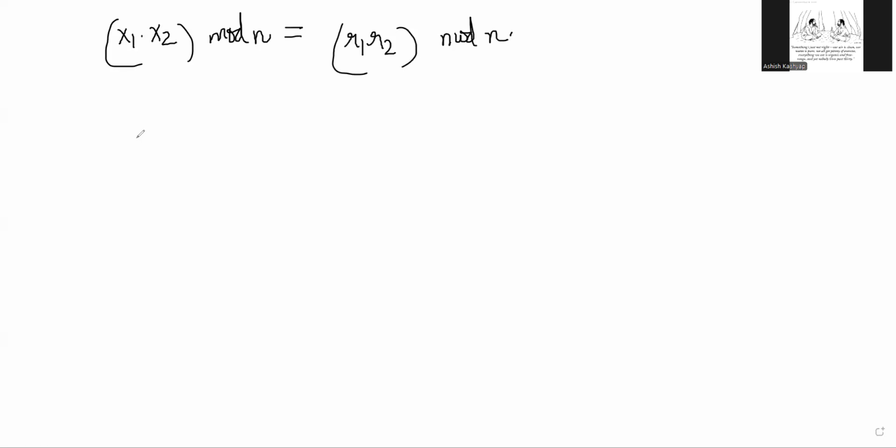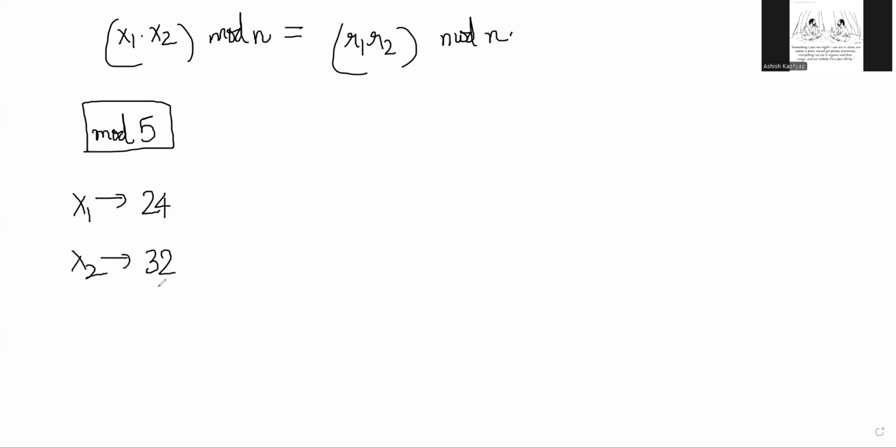Any two numbers, like, let's say we are doing mod 5 and our two numbers x1 and x2 are 24 and 32. So x1 and x2 themselves are 4 mod 5 and 2 mod 5, right?